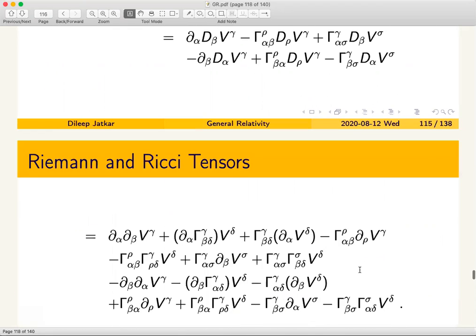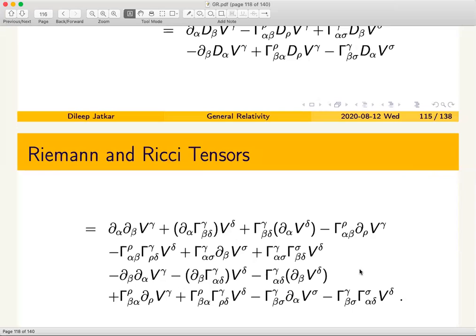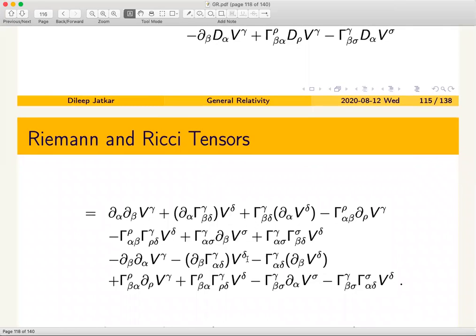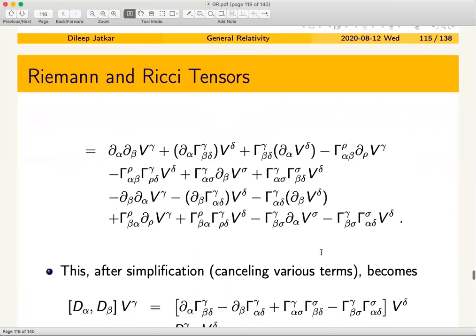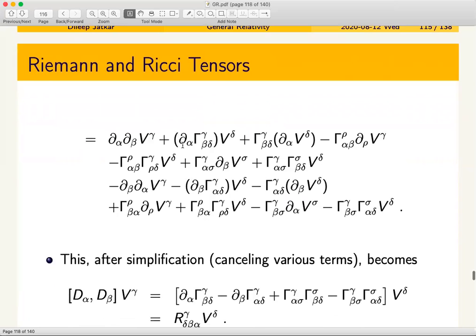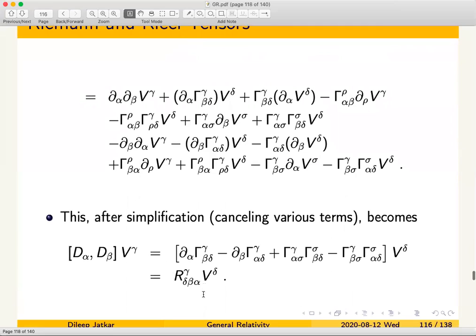We explicitly expanded all these pieces, and we found that whenever there is a derivative acting on the vector v alpha or v delta or whatever, those terms explicitly cancel. The terms which do not involve derivatives acting on v are the ones which survive, and those terms basically give you the Riemann tensor. So what we learn is that the commutator of two covariant derivatives gives you the Riemann tensor.